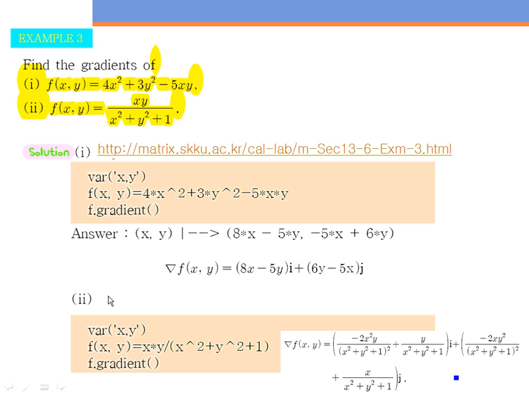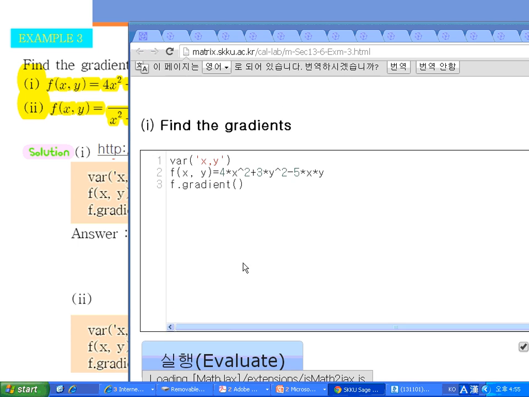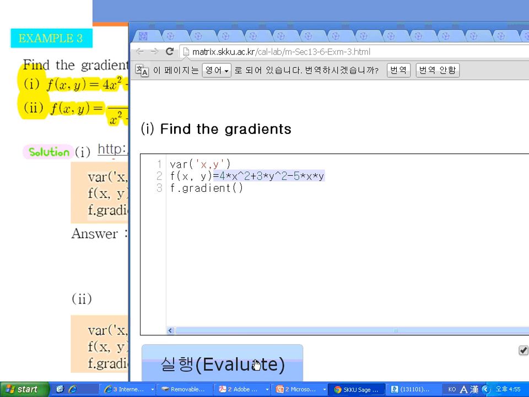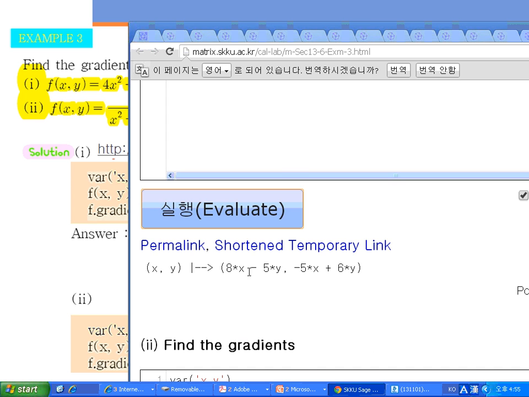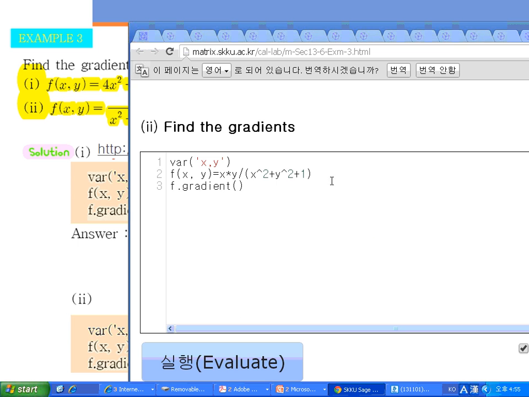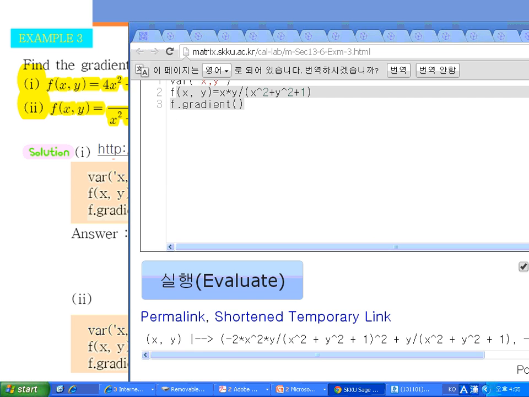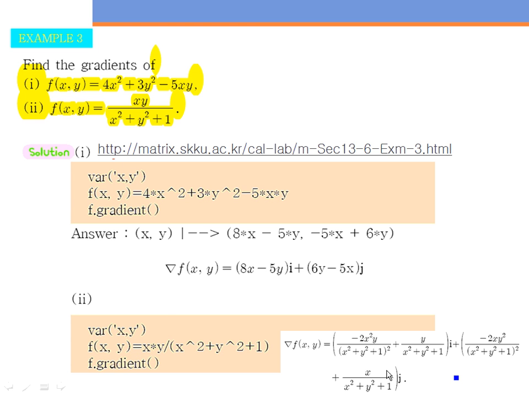And second, define the new function here, and use the same command to find the directional derivatives, as you see. And this function, then directional derivative is obtained like this. And for the second part, the directional derivative is obtained in this way, which is exactly the same as what you see here.